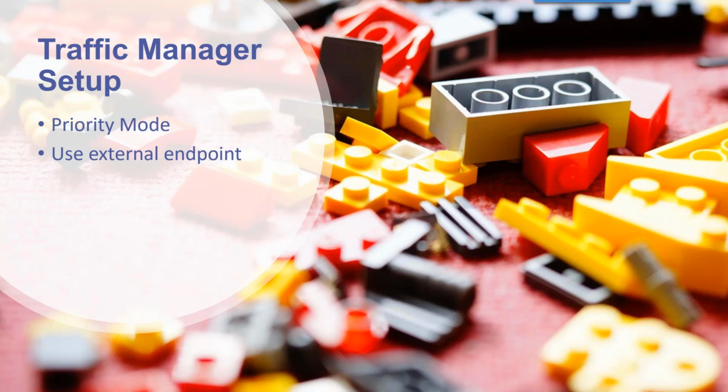And we need to use an external endpoint. Usually when you're setting up Traffic Manager, it has a lot of easy ways to configure when you're talking about Azure services, but API management is not one of those, right? I think it's exactly because of this problem with the custom domain that we're going to discuss soon.